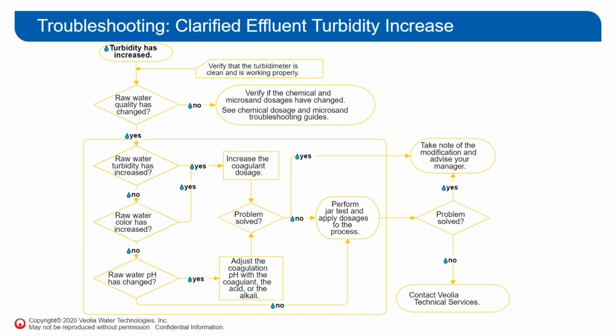So I have a few decision flow charts on our main 5 or 6 incidences within Actiflo, and these are the main incidences. Clarified effluent turbidity is the most common thing they get.